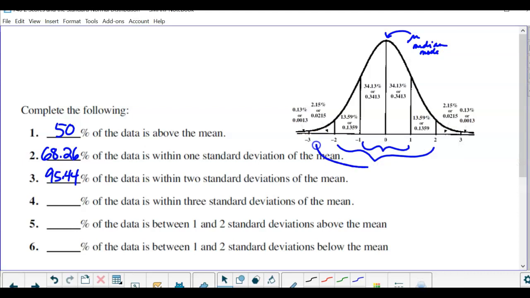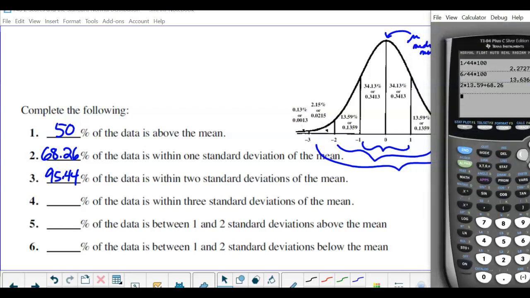Okay, within 3 standard deviations of the mean is the majority of it. It's everything except these 2 parts, or what we just calculated, plus 2 times 2.15, however you want to do it. So take that and add 2 times 2.15.